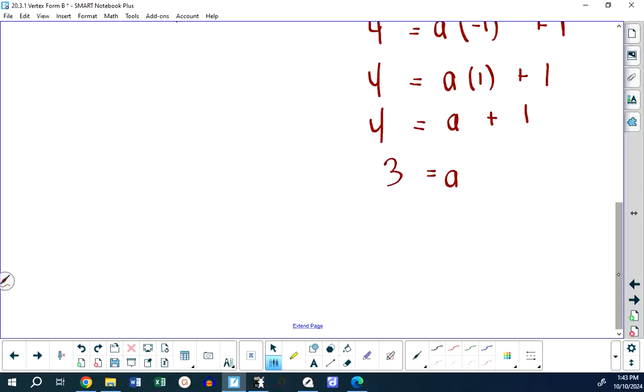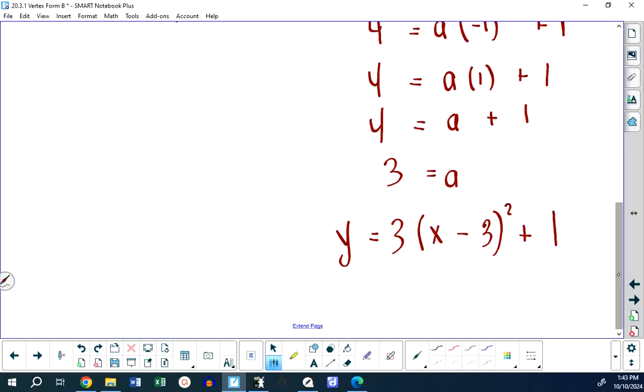We have a more formal approach, but a is 3. And now what we have is y equals a, which is 3, times (x minus p), which I believe was 3 as well, quantity squared plus q, which is 1. And we're done.